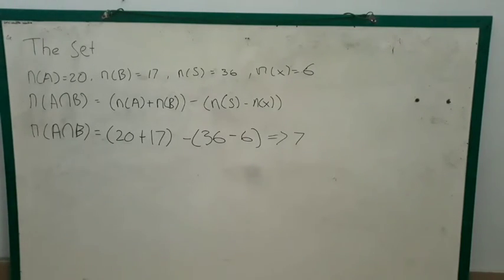So the value of the intersection of sets A and B is 7.